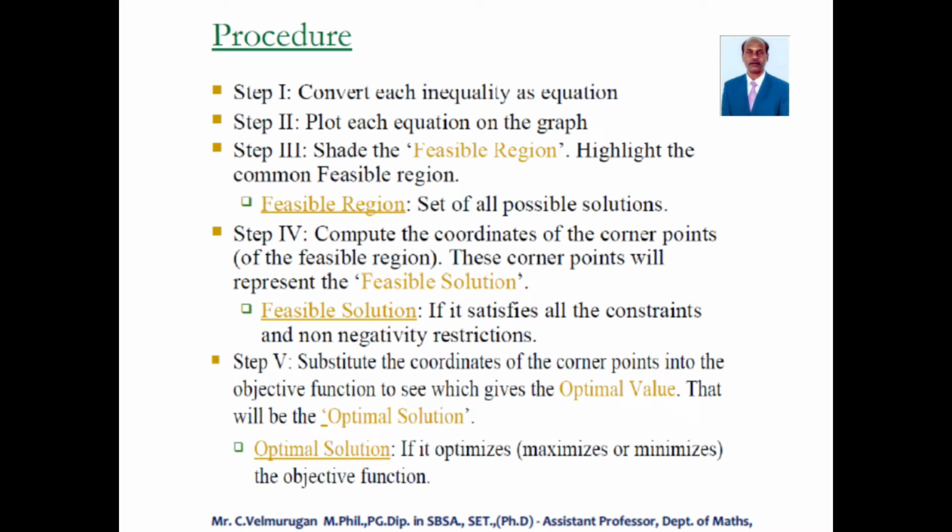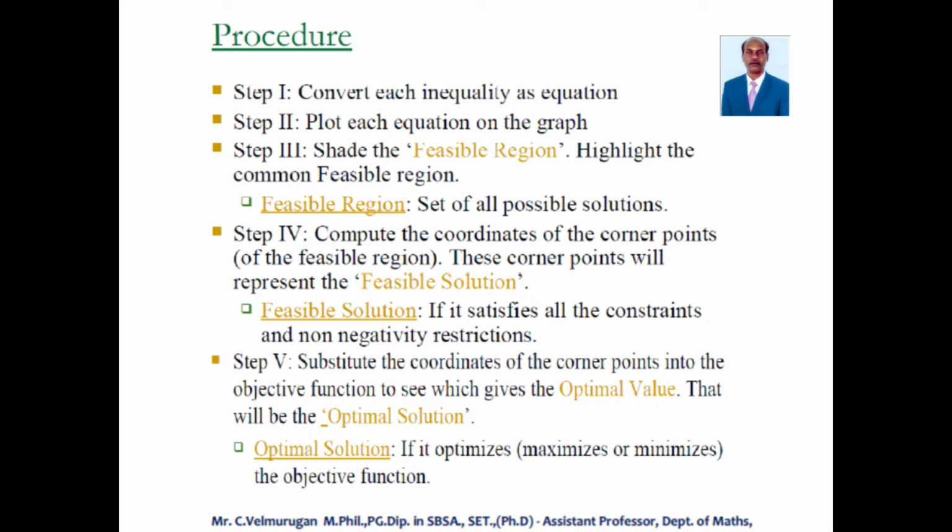Now we are going to discuss how to solve a linear programming problem by using the graphical method. Here we discuss the procedure. Step 1: convert each inequality into an equation. Here inequality means the constraint, which may be less than or equal to or greater than or equal to.